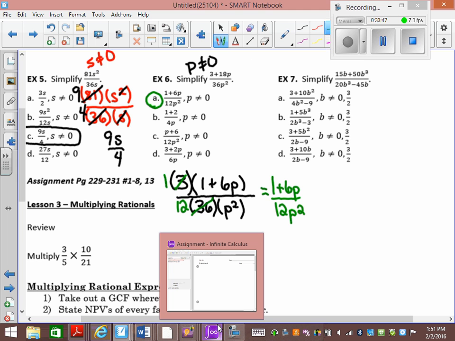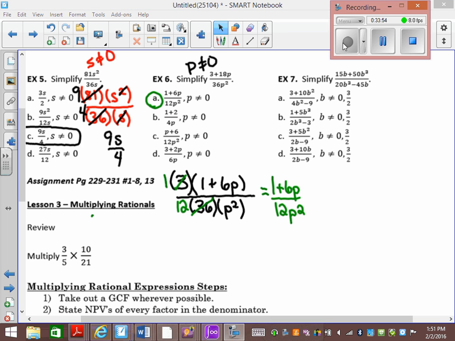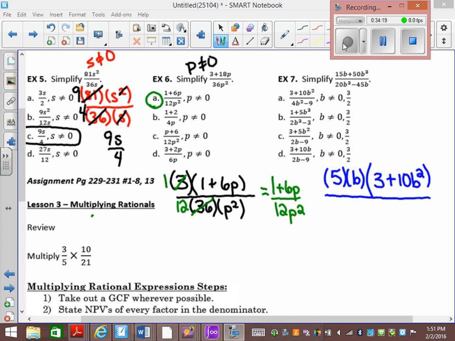And then example 7. Example 7 on the top, I can take out a 5 and a b. And then I'm left with 3. 15b divided by 5b is 3. And then 50b cubed divided by 5b is 10b squared. Over.